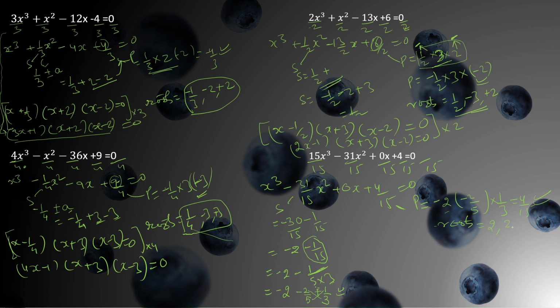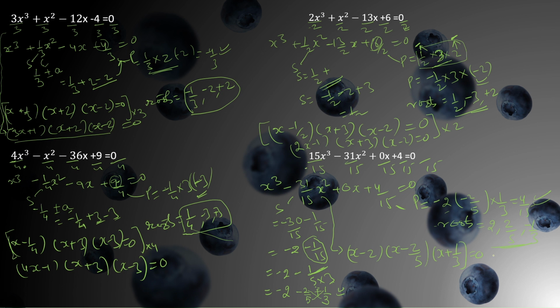And now let's check whether the product is satisfied or not. So minus 2 into minus 2 by 5 into 1 by 3. So these are two negatives. Two negatives will make positive. So 4 by 15. Yes, it's coming 4 by 15. So our choice is perfect. So these are the different factors.